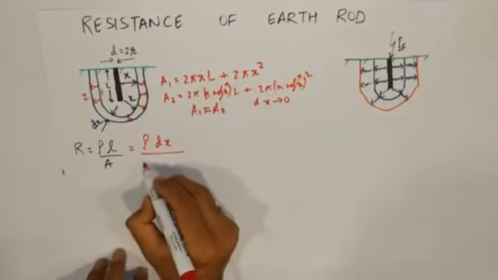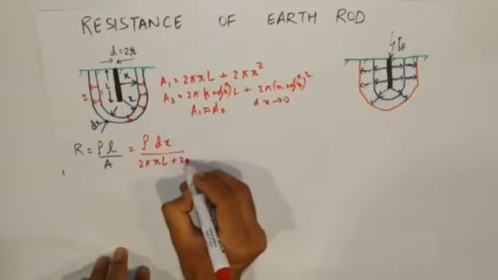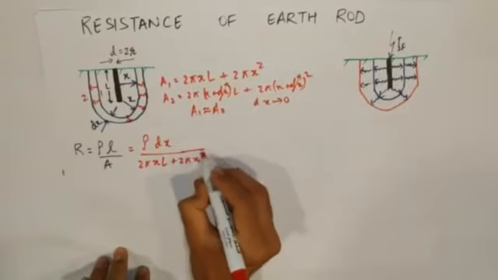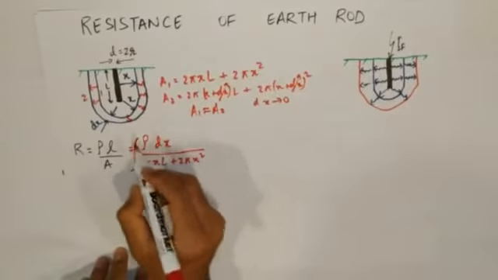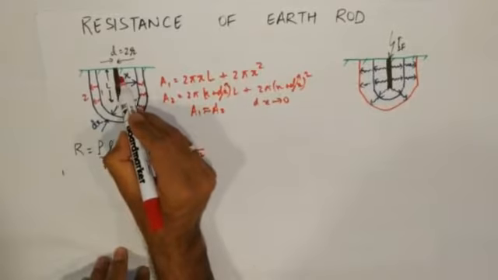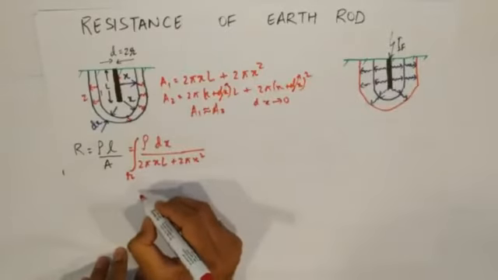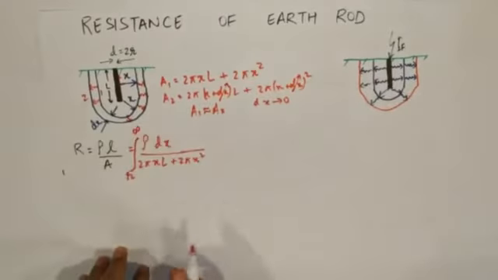So here if we put the formula, we can write as 2 pi x times (L plus 2 pi x) square, and we need to integrate from R at distance R because current starts leaving from this edge. So we are doing integration from R till infinity, that is the remote point.